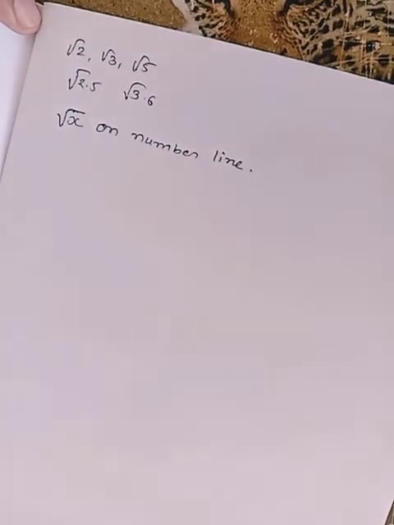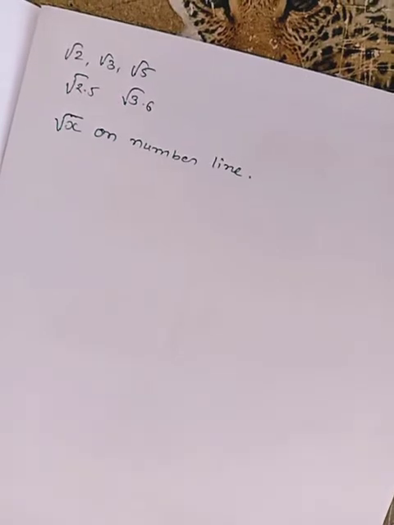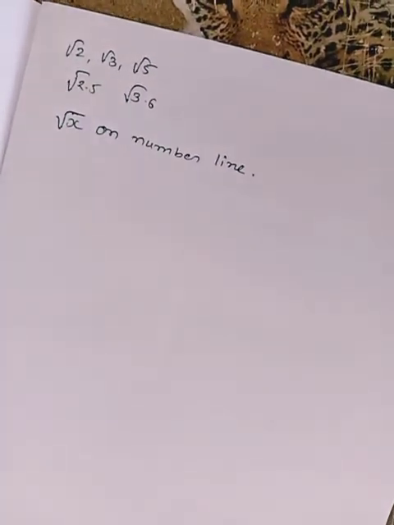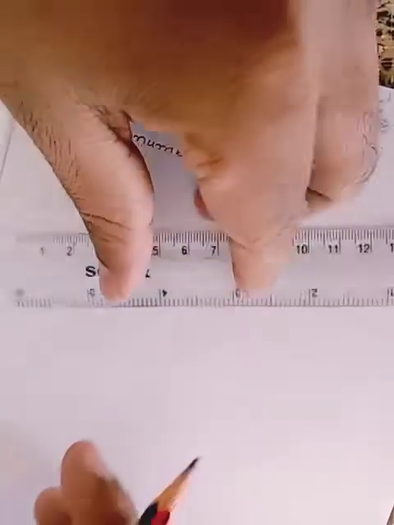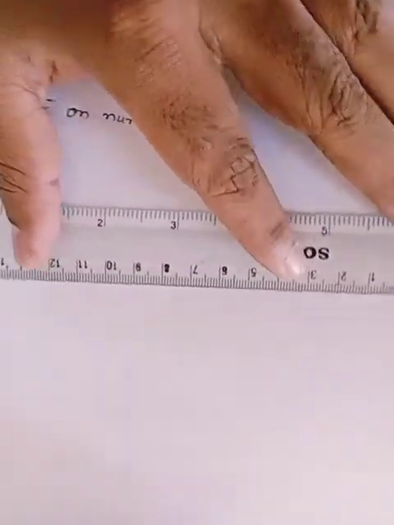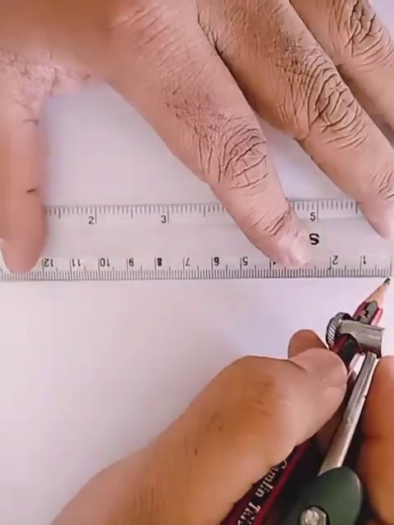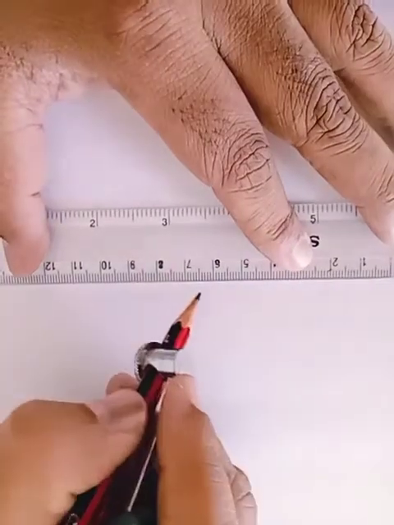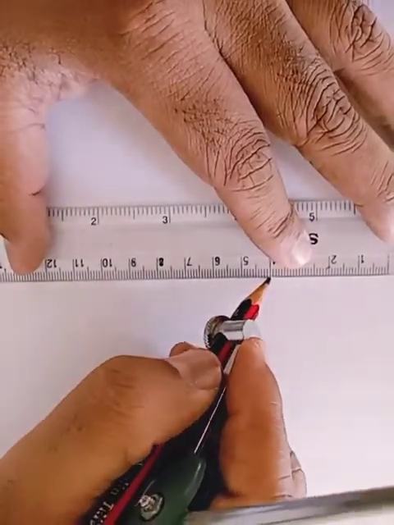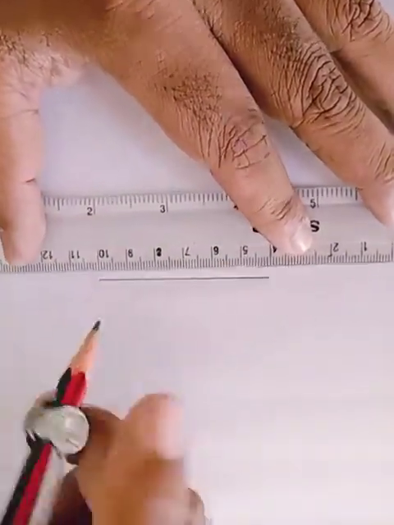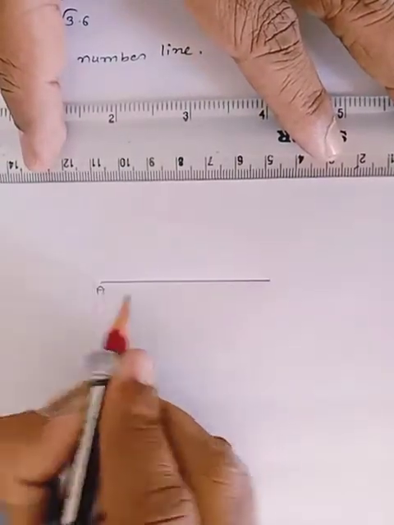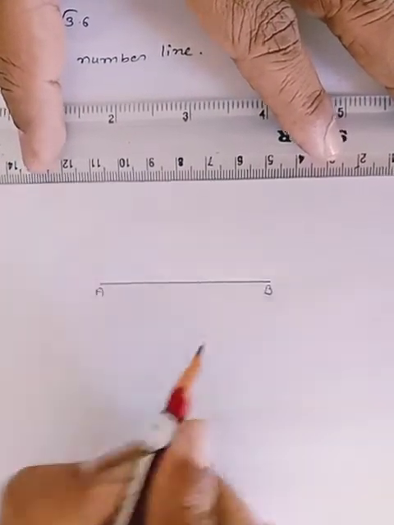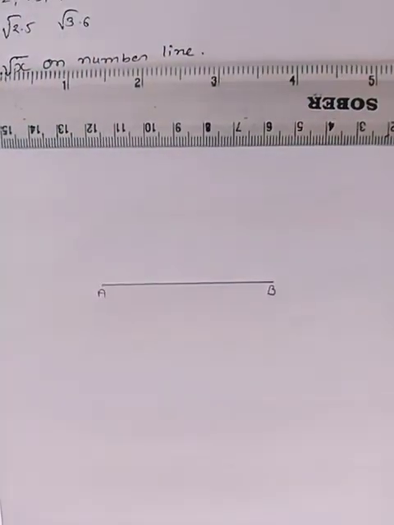So first we will draw the line AB of x units. Just now I am teaching in general, so I am drawing as per my choice. So I have drawn the line AB as x units.